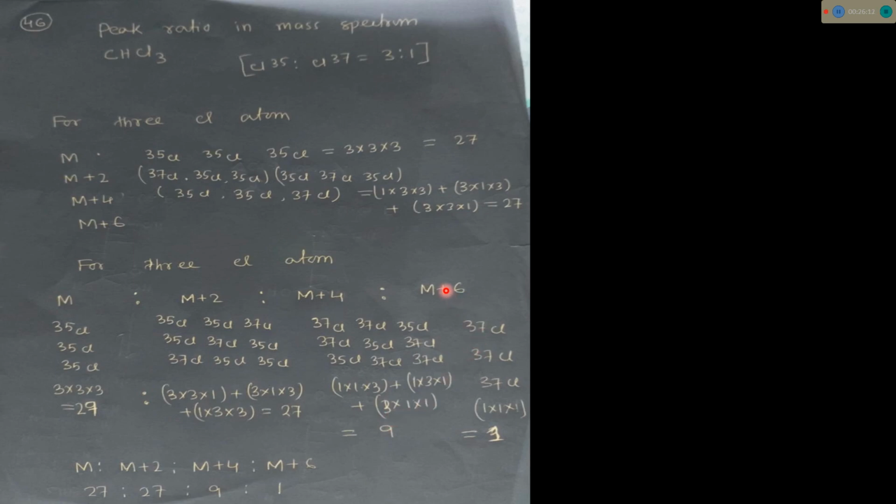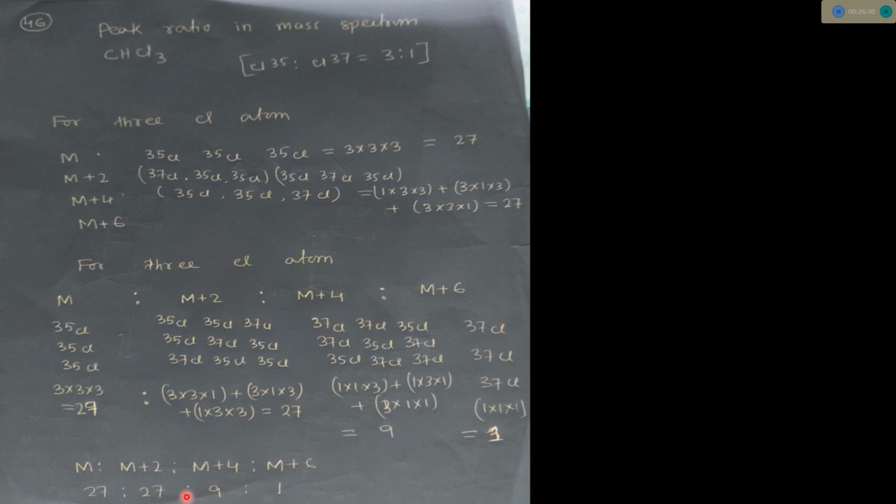And for M plus 6, we have to consider 37 chlorine for all 3 cases, just as to obtain the molecular peak we consider chlorine 35 for all 3 chlorines.